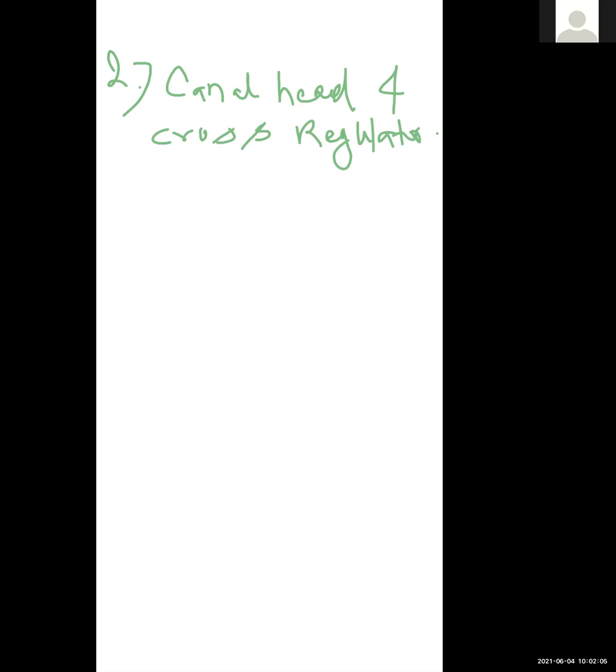So where do we construct a canal head and where do we construct a cross regulator, and what is the purpose of the canal head and what is the purpose of the cross regulator?